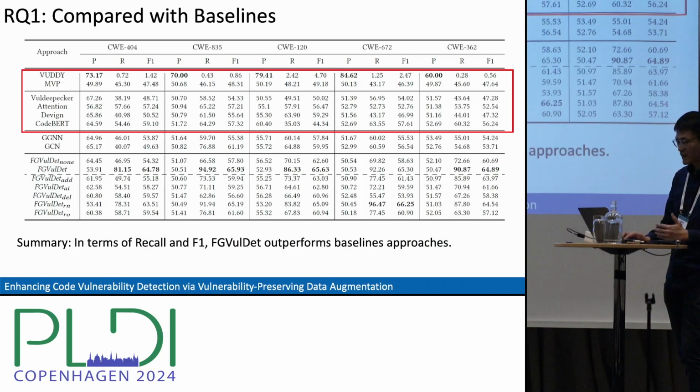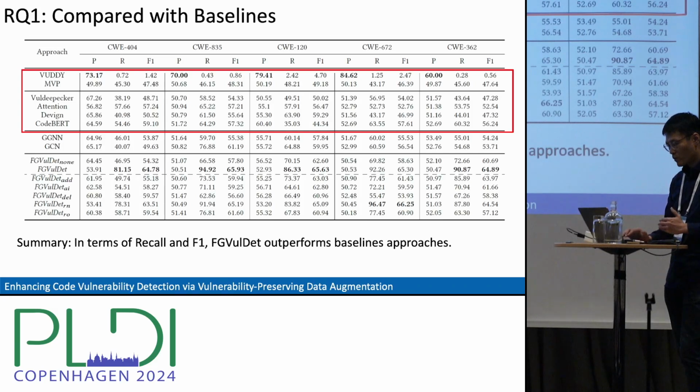We can find VulDeePecker has fewer false positive samples, which is quite reasonable because it relies on expert-crafted features, and the recall value is lower than our approach. This indicates it has more false negative samples, as these handcrafted features can only cover a very limited number of vulnerabilities. MVP has better performance than VulDeePecker, but also lower than ours.